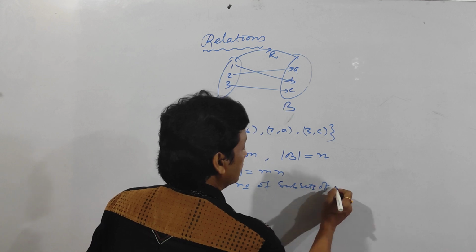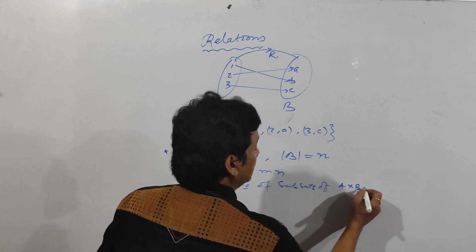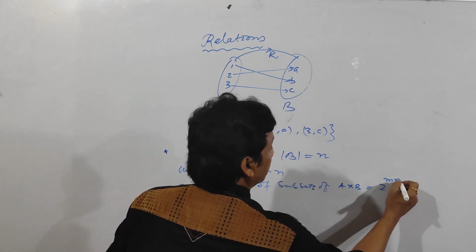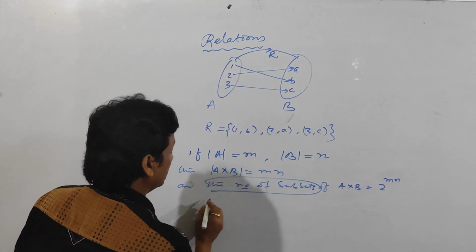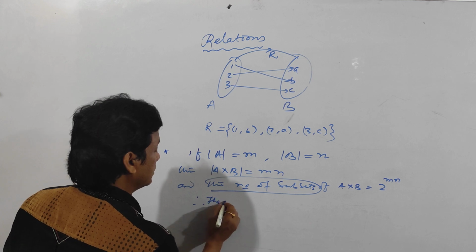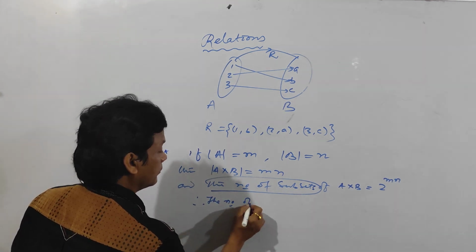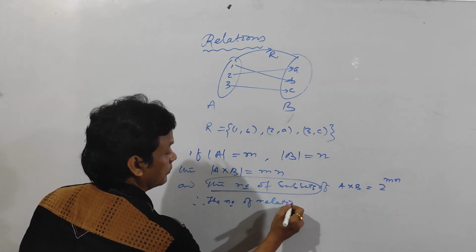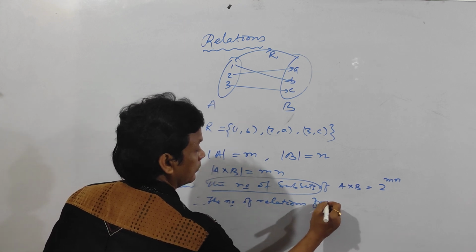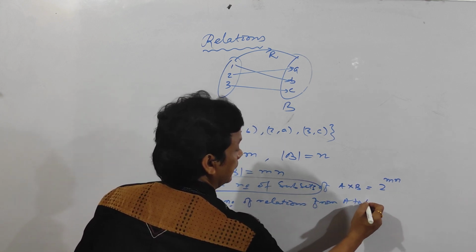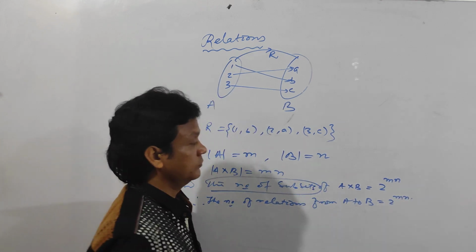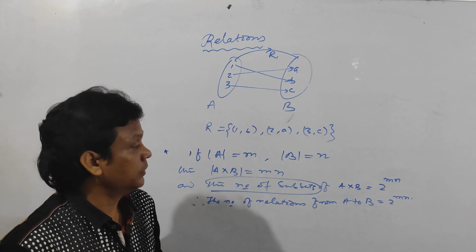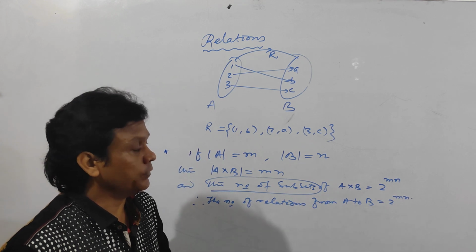The number of subsets of A cross B is equal to 2 to the power mn. And the number of subsets means it is the relation. Therefore, the number of relations from A to B is equal to 2 to the power mn. Clear? This is one important formula.